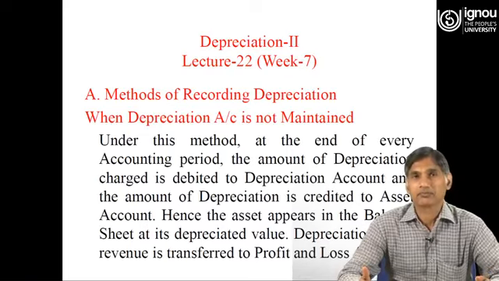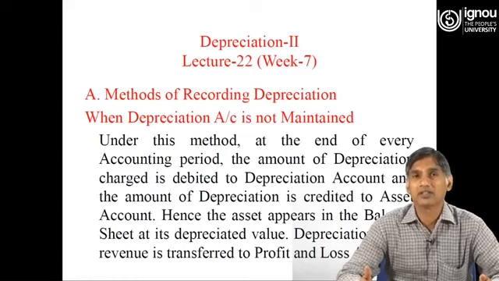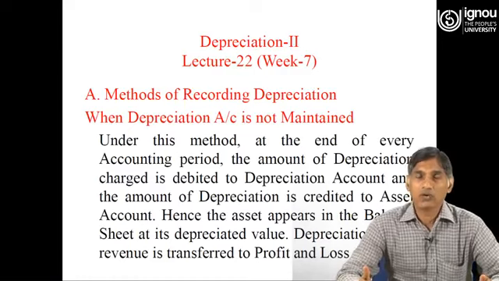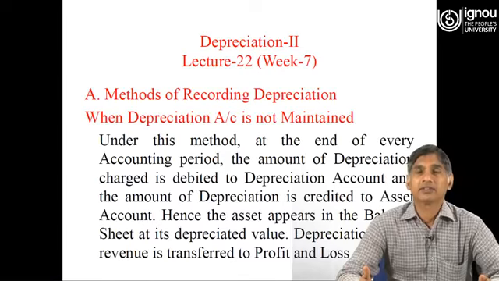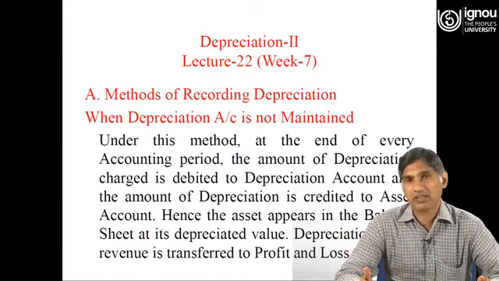But as far as the second method of recording depreciation in the books of account is concerned, according to this method the asset in the balance sheet will be shown against its original price.